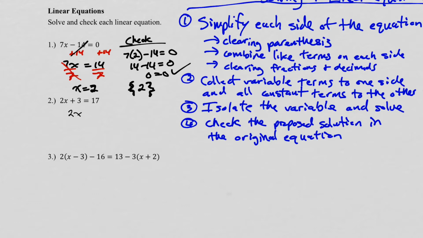So that's going to be 2x equals 14, and then divide both sides by 2, and we get 7. And if you check, plug in your solution to see if it equals 17. So that's 14 plus 3, and 17 equals 17. Okay, so the solution then is going to be 7.